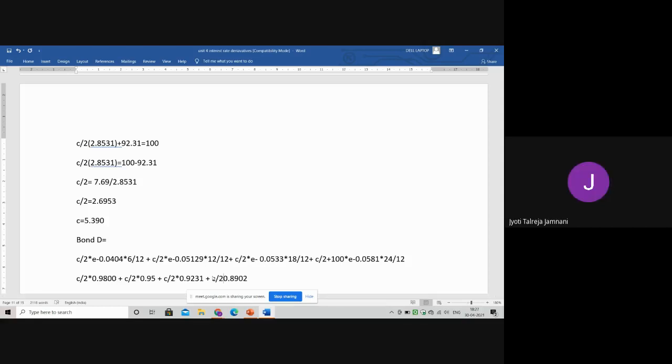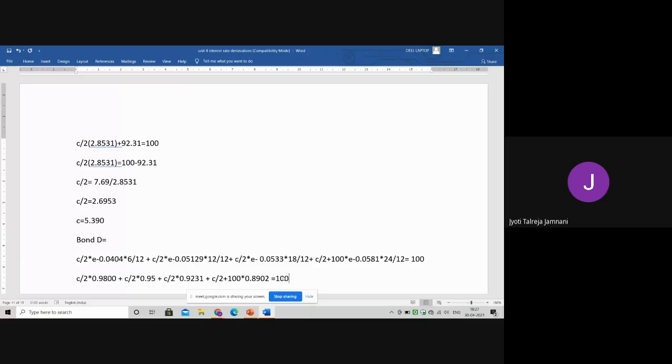C by 2 plus 100 into 0.8902, which is equal to, I have not put it in this equation, 100, which is the face value of the bond.